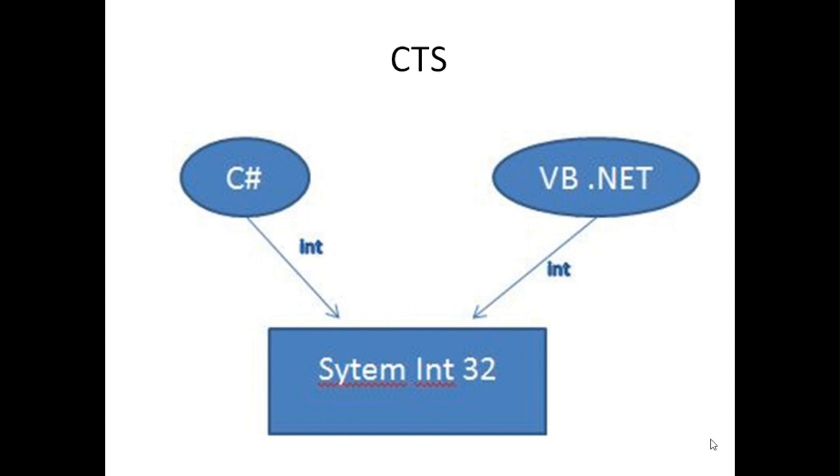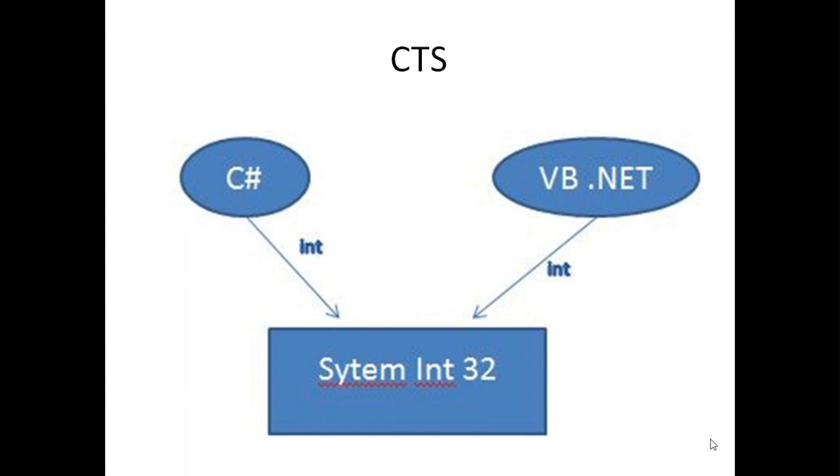In the Common Type System, it is possible between the languages that both are integers and can be used as one type, that is System.Int32. There are two types in CTS: the value type, which is directly used, like built-in types and user-defined types, and the reference type, which is indirectly used, that is object, class, interface, array, like this. So these are the components of the .NET framework.